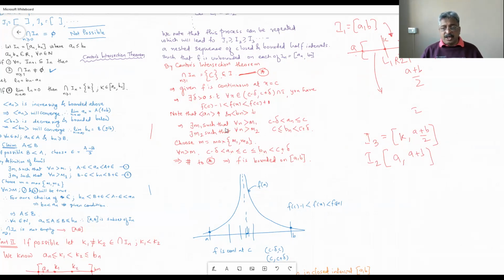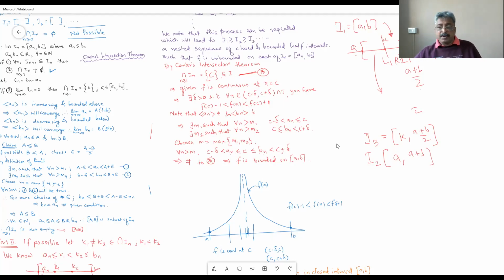Okay, and now what we are proving here is, as an is an increasing sequence and bn is a decreasing sequence, you can produce an comma bn interval within c minus delta to c plus delta, where you have got unboundedness, and these two things contradict each other, this thing and this thing.